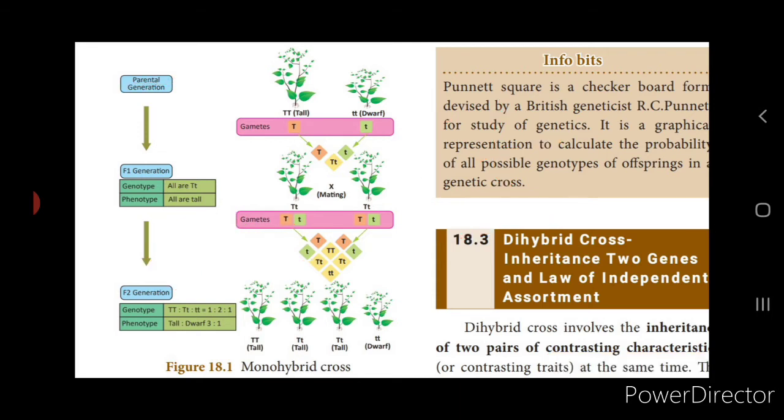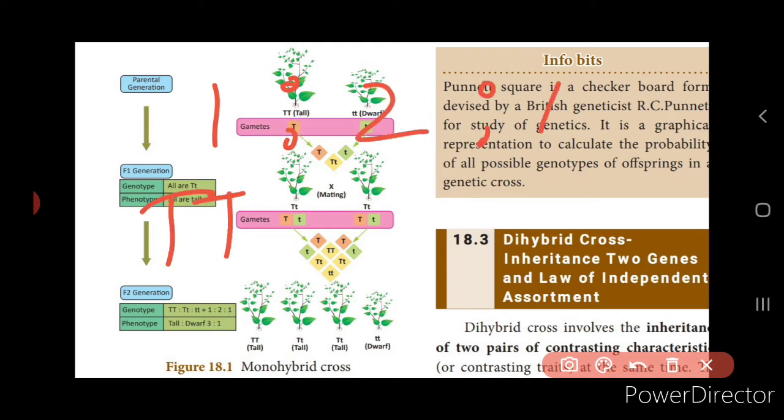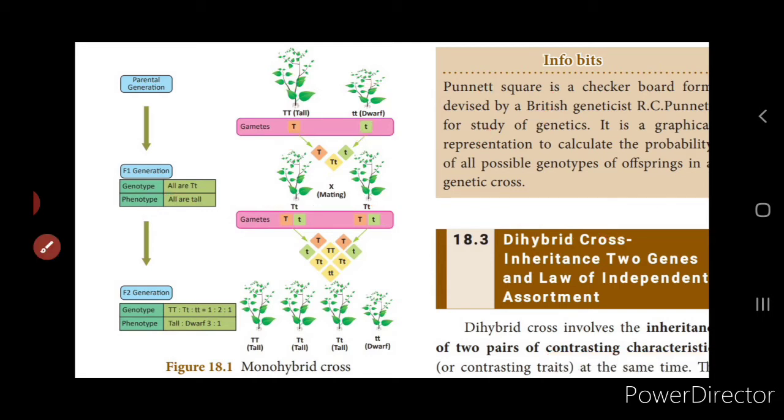So what will be the genotypic ratio? 1 is to 2 is to 1, right? We got 1 capital T together, 1 small t together, and 2 times we got small t and capital T together, isn't it? So this is called the genotypic ratio, where the genetic expression of an organism is represented in terms of a ratio. Now the phenotypic ratio is the overall external expression of the plant.